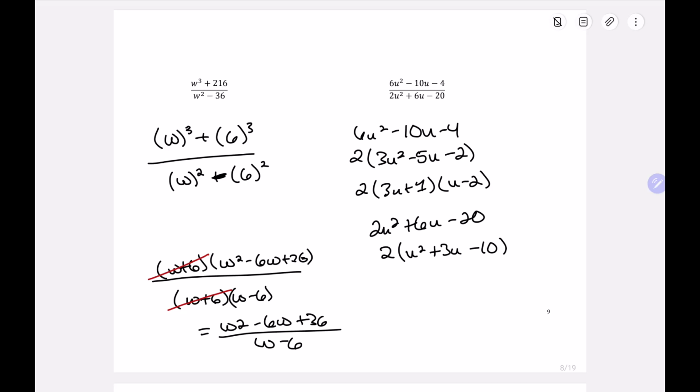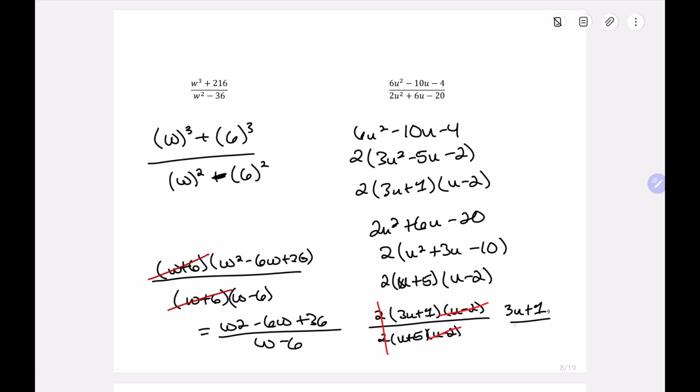We can go straight to the factored form, and we would have 2 times u plus 5 times u minus 2. We can see that our 2's cancel, our u minus 2 and u minus 2 cancel, and so our answer would be left with 3u plus 1 all over u plus 5.